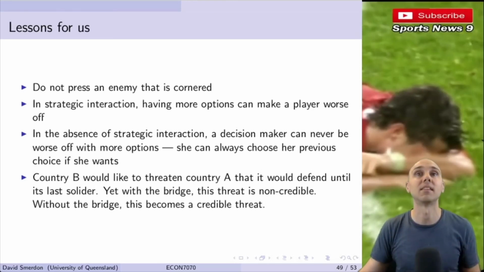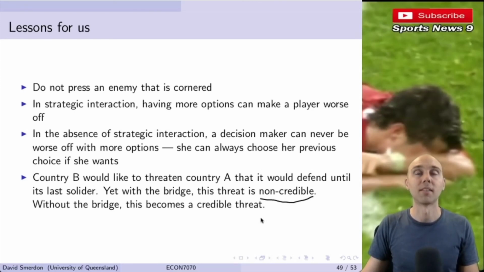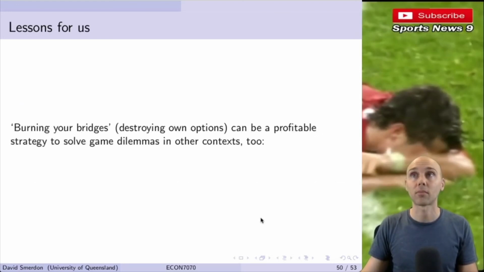The reason is that country B would like to say that it will defend until the last soldier, but if you've got that extra choice of retreat, the threat is non-credible. If we want a subgame perfect equilibrium of the game, then we need an equilibrium where we don't have these non-credible threats. And the way to do that is to remove these choices.